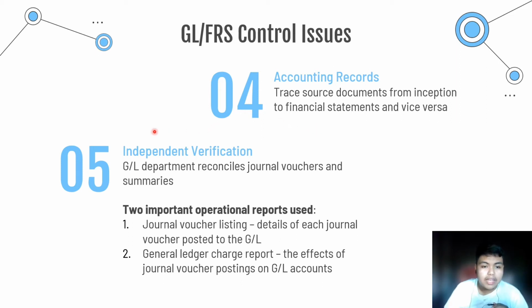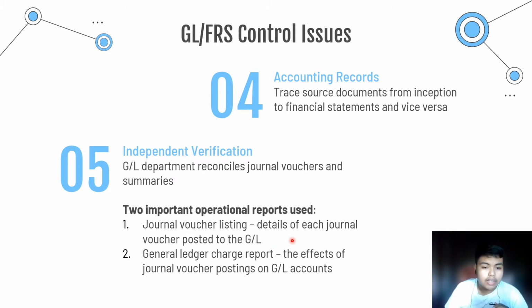Number 5, independent verification. General Ledger Department reconciles journal vouchers and summaries. So, dito sa pagre-reconcile ng journal vouchers and summaries, there are two important operational reports used. First is the journal voucher listing. It contains the details of each journal voucher posted to the general ledger.